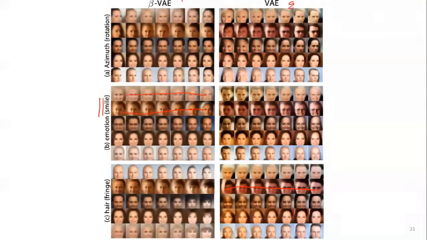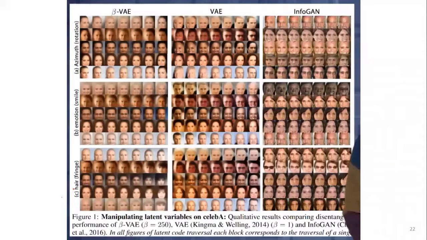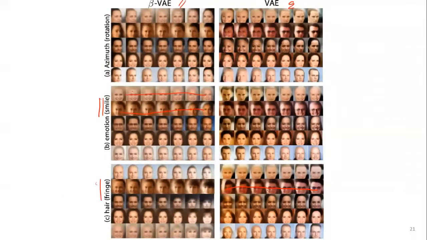This is the entangled version. This is the disentangled version. And you can see that other features are also changing. If you look over here, this is the hair fringe, and the amount of hair is changing. But in this case, you can again see that not only is the hair changing, but other features are also changing.